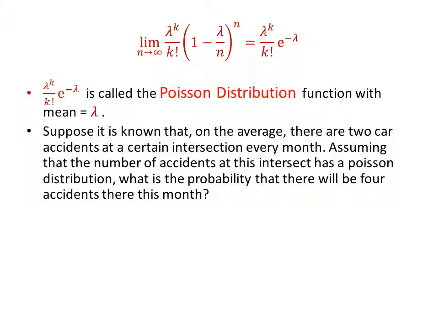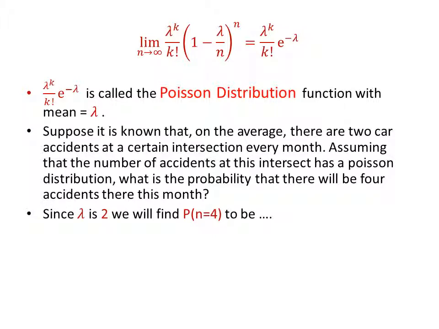Let's take an example from real life to see how we might use this particular probability density function. Suppose it's known on the average there are 2 car accidents at a certain intersection every month. Assuming that the number of accidents at this intersection has a Poisson distribution, and many real-life situations do, what is the probability that there will be 4 accidents there this month?